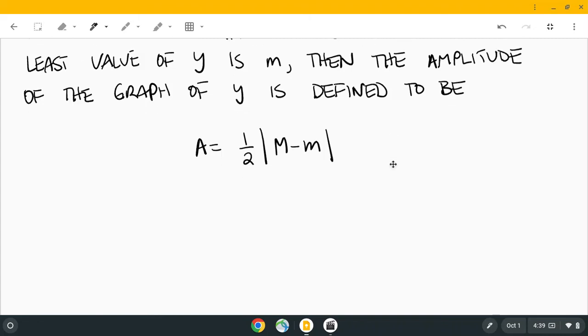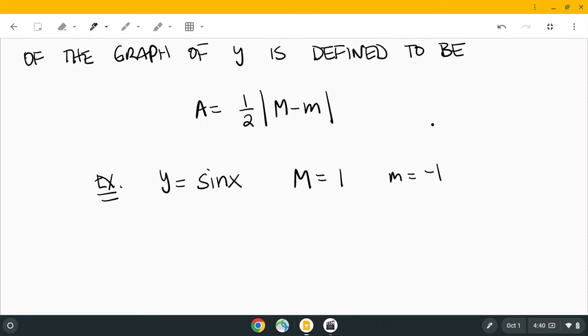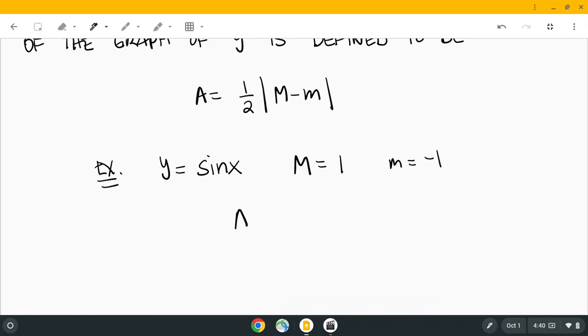Let's take a look at an example. Here we know that y equals sine x. The maximum, the greatest value, capital M, is 1. And the smallest value, lowercase m, is -1, right? So to find the amplitude, we use this formula: 1/2 times 1 minus -1.